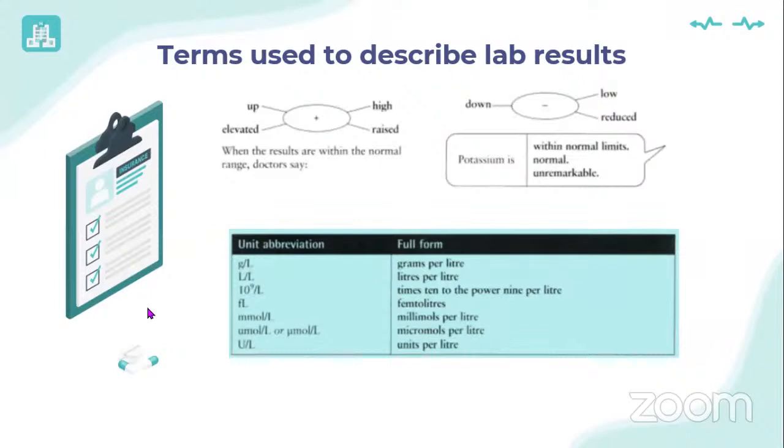Okay, does anyone know in which cases we use femtoliters or millimoles, maybe? Okay, I know you know.